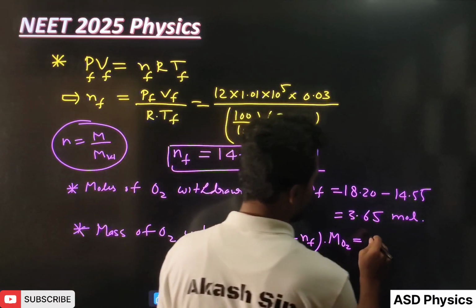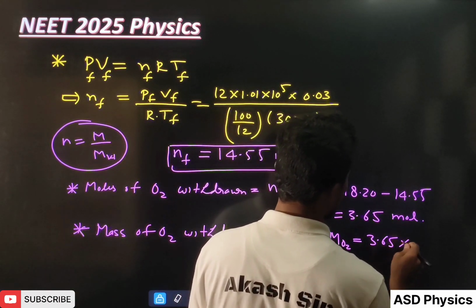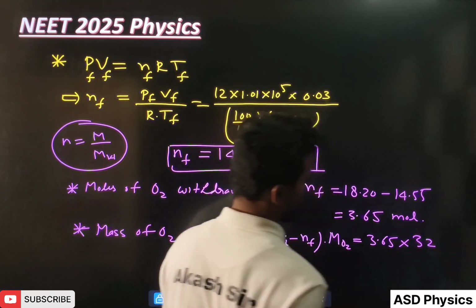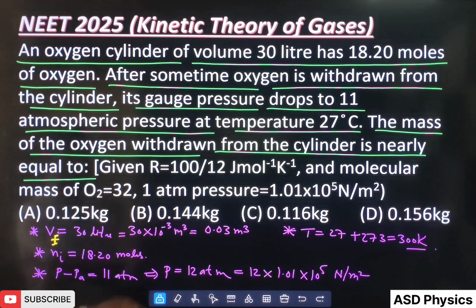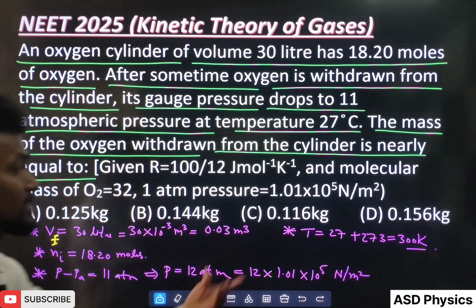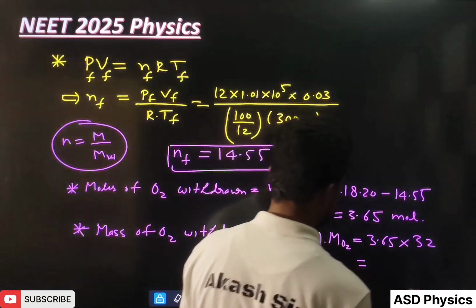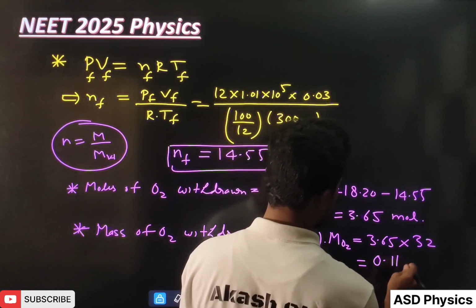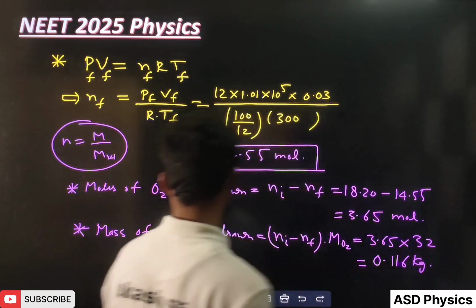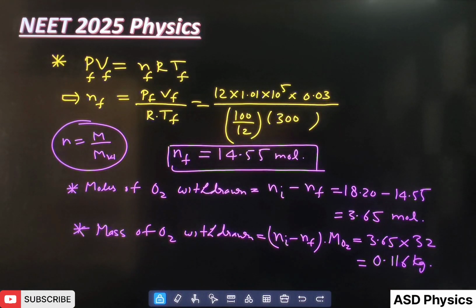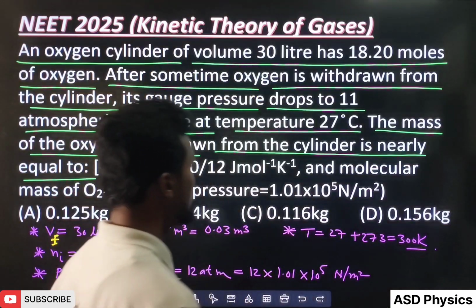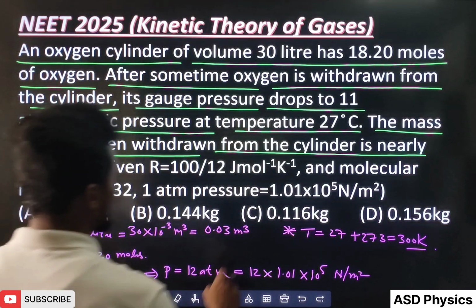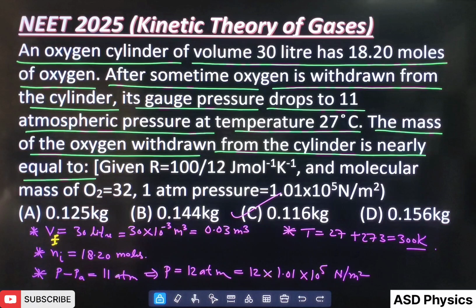So Ni minus Nf is 3.65, and here it is given 32. When you simplify this, it will come 0.116 kilogram. Kindly see very well, 32 into 3.65, and when you simplify this, 0.116. Students, the correct option is Option C, that is the answer here.